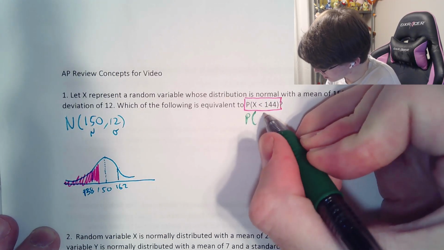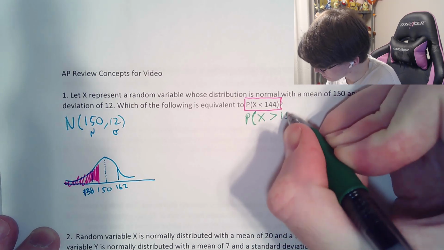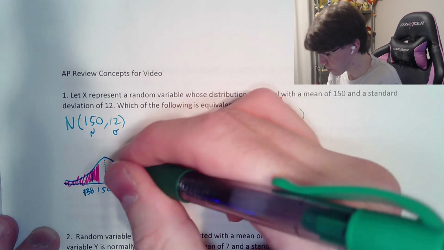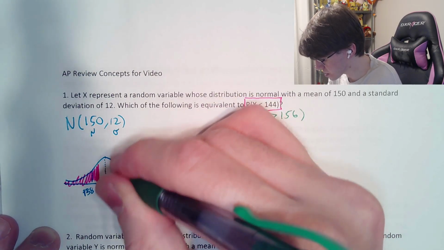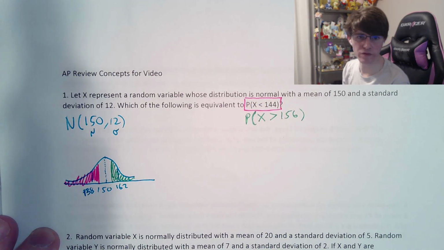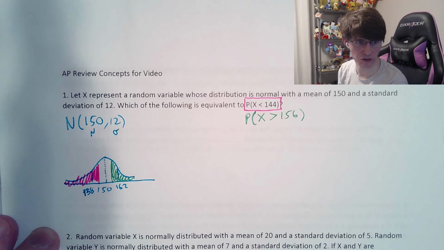So you have X greater than 156 in green here, and 156 is 6 away on this side. So that's one version of what's exactly the same. However, you can also do 1 minus something to figure out what's exactly the same as the probability of being less than 144.